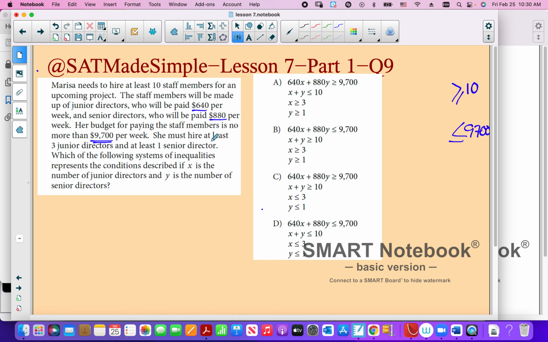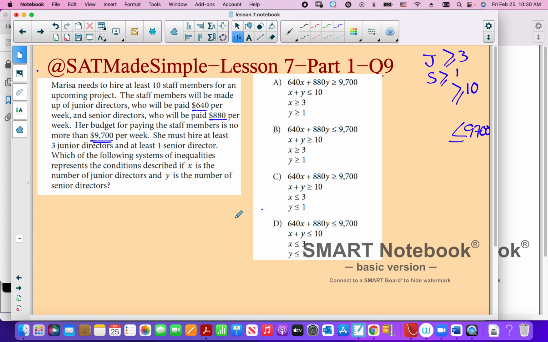She must hire at least 3 junior directors. At least is greater than or equal, so the junior are greater than or equal to 3, and at least 1 senior, so the senior is greater than or equal to 1.